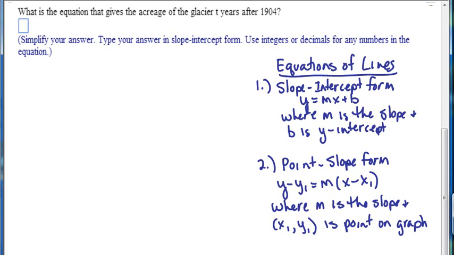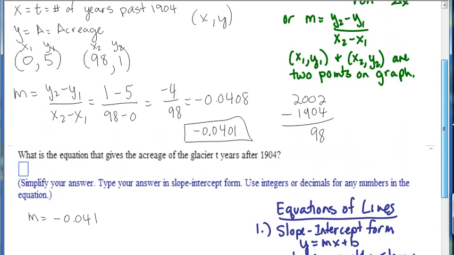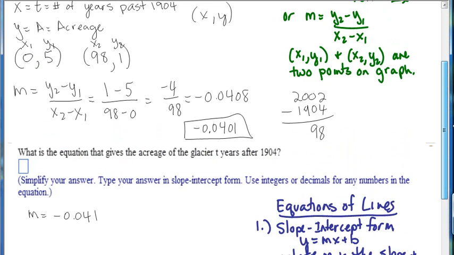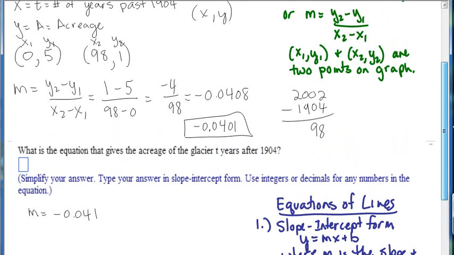Remember that the x and the y are variables. All the other letters are considered constants. So I'm just going to use the information that I had from above. We knew what the m was. If you remember, m was negative 0.041. And I had a point. If you scroll up, we could use the first point or the second point, it does not matter, but the first looks easier.